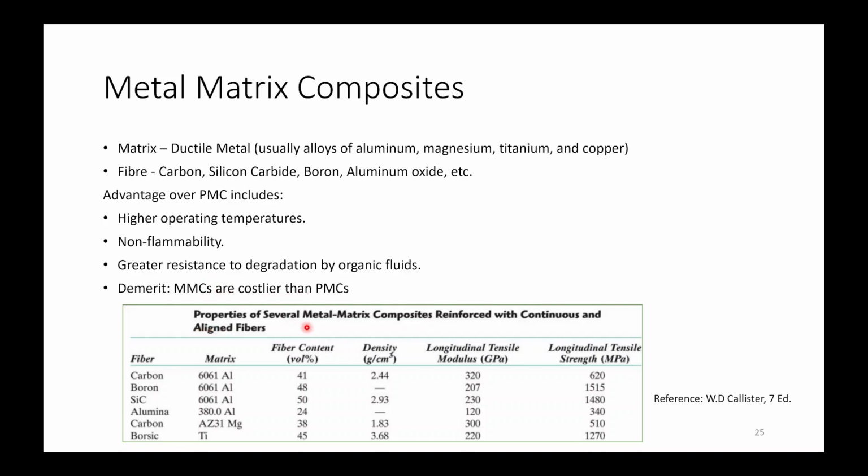Now properties of several metal matrix composites reinforced with continuous and aligned fibers. Now these are certain fibers: carbon, boron, silicon carbide, alumina, and so on, with their matrices. So in this table, their longitudinal tensile modulus and longitudinal tensile strength are given, and their density is given.